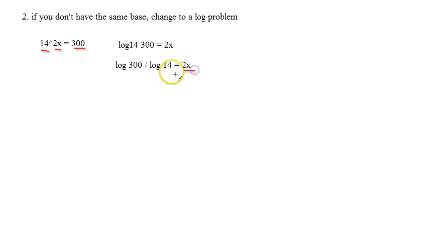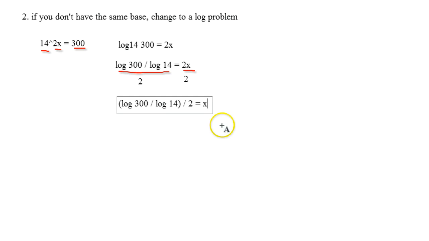Now, if you take a look at this problem, all I have to do is divide by 2 and I'm done. Technically, you don't even need to find that log. And voila, you have your answer. So parentheses, log of 300 divided by log of 14, all divided by 2 is equal to x. Now you can go ahead and calculate that out.